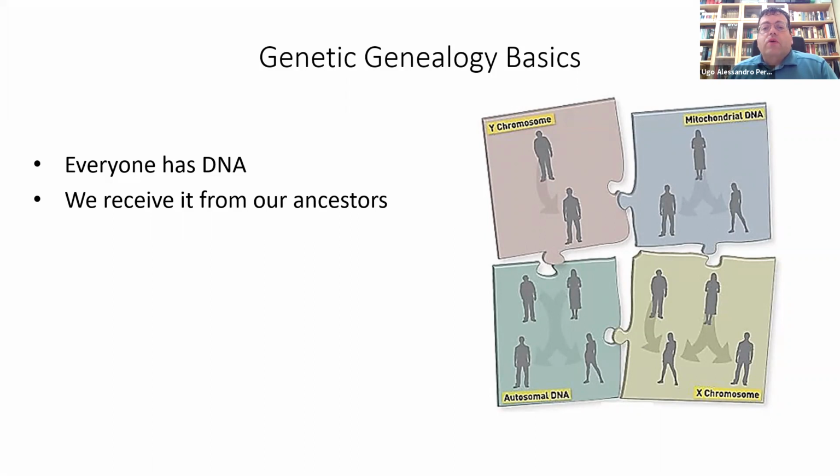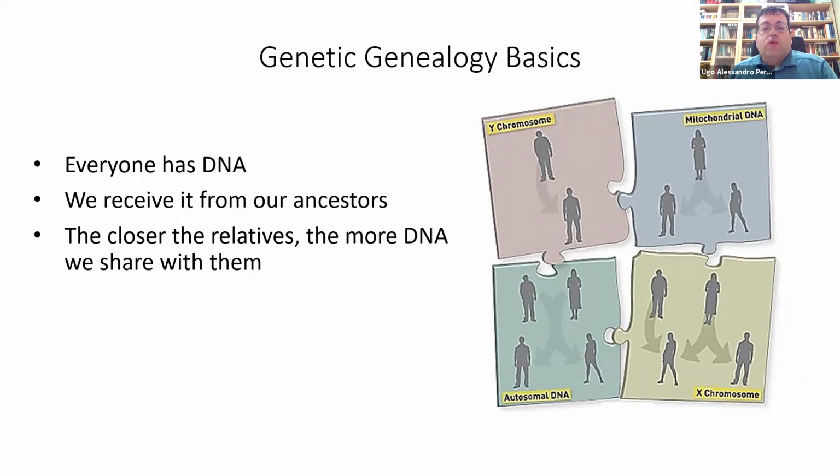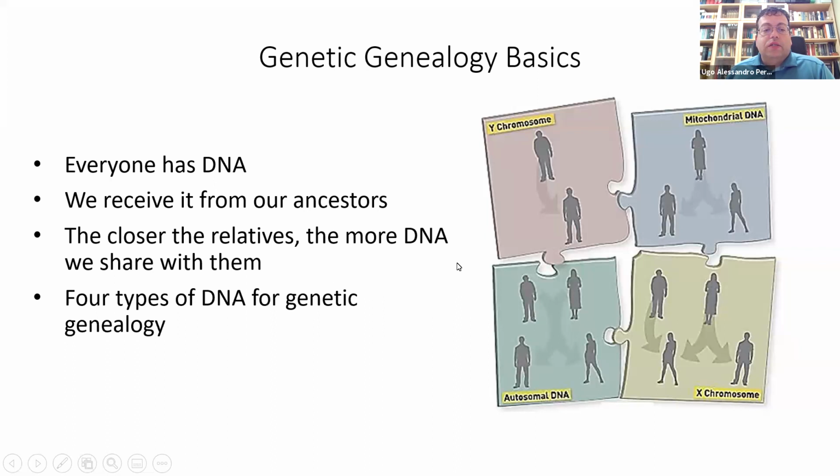And so, we carry within ourselves a literal book of our family history that is encoded in our genes. The closer some people are related to us, the more DNA we share with them, and on the other hand, the more distantly related we are to somebody, that amount of DNA will decrease and eventually disappear in some of the lines.